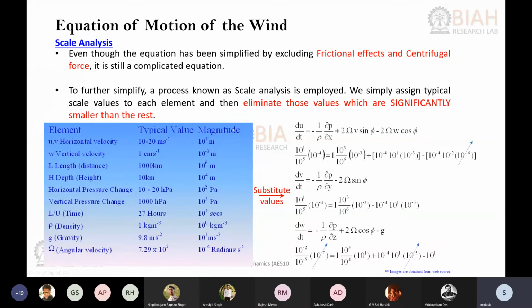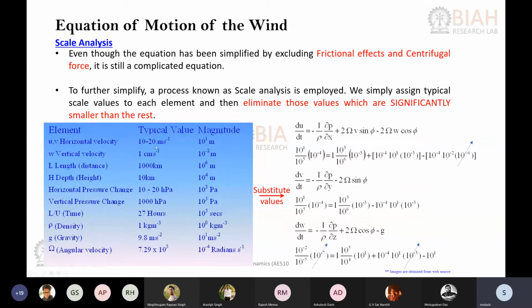So what is the order of magnitude analysis? This is based on the order of the velocity scale and length scale that you observe in the atmosphere. For example, here u and v, the horizontal velocity, you normally experience from 10 to 20 meter per second, in a general condition, not in a storm or cyclonic condition.